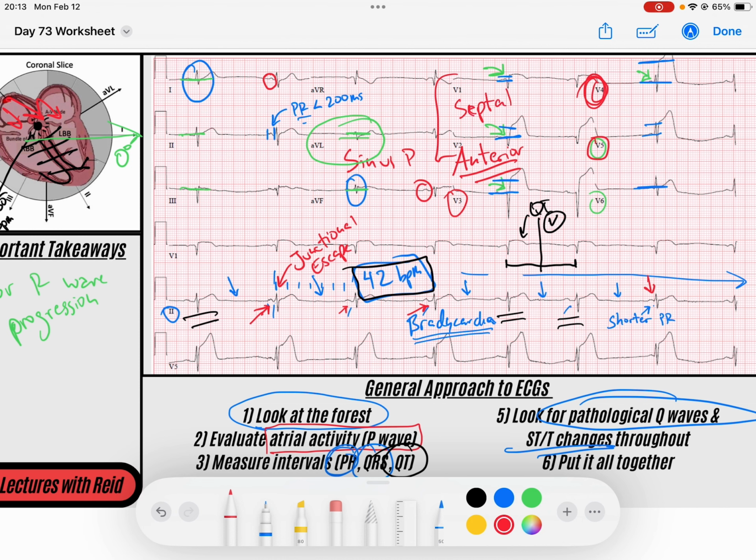So anterior leads are V3, V4, septal leads are V1, V2. And so I would say there's probably some anteroseptal ST segment elevation, as well as ST depression in the lateral leads, really AVL.